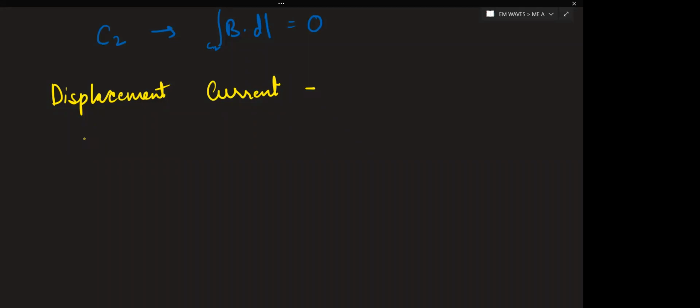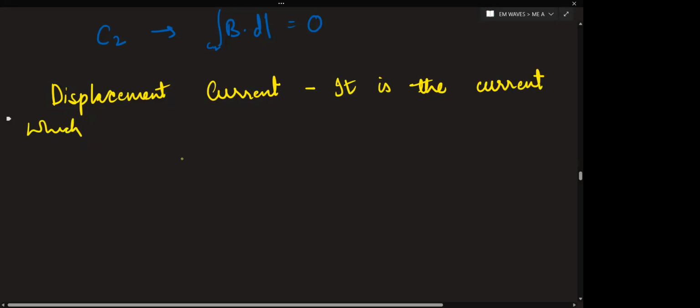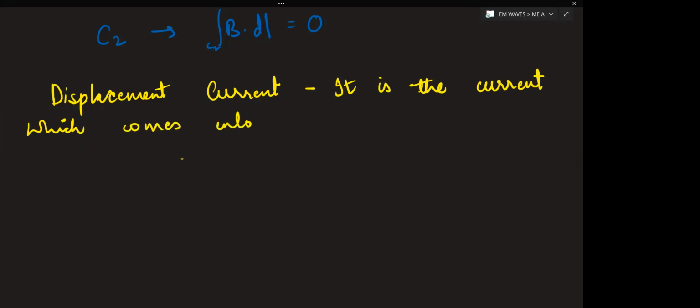So here also, displacement current is the current which comes into existence in addition to the conduction current.